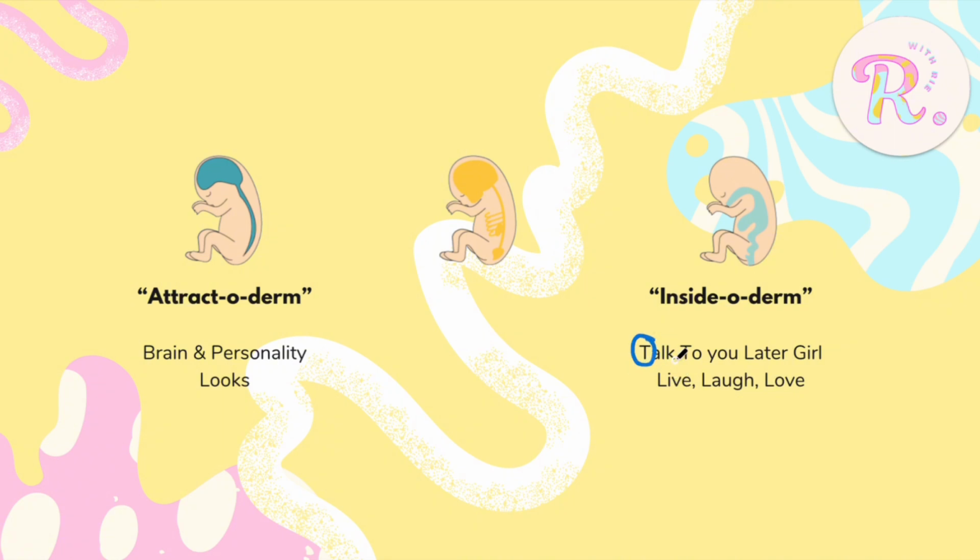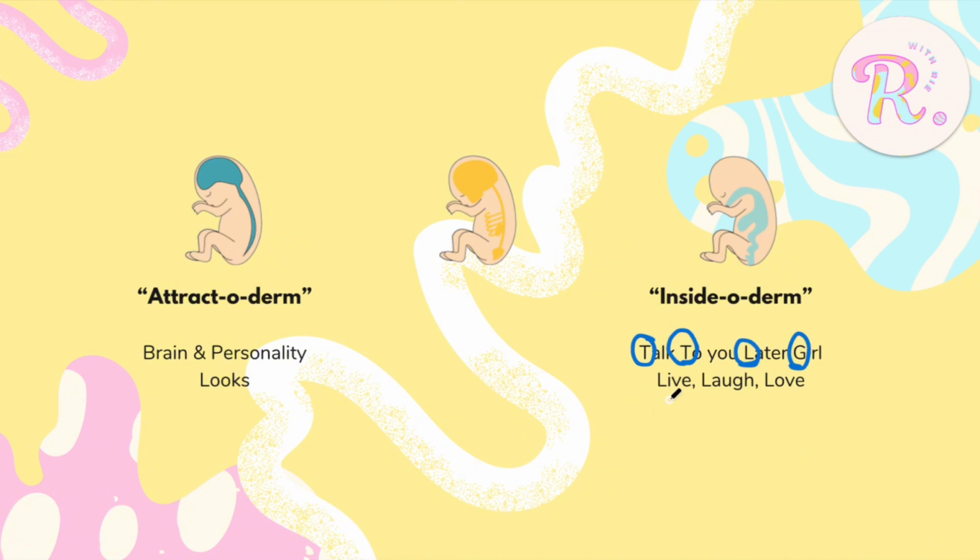Thyroid and parathyroids for your first letter T. For the second letter T, that's tonsils and thymus. Okay, and then for your L, that's your liver. Lover. Okay, and then the G is for your GIT. So talk to you later, girl: thyroid and parathyroid, tonsils and thymus, liver, and then GIT.